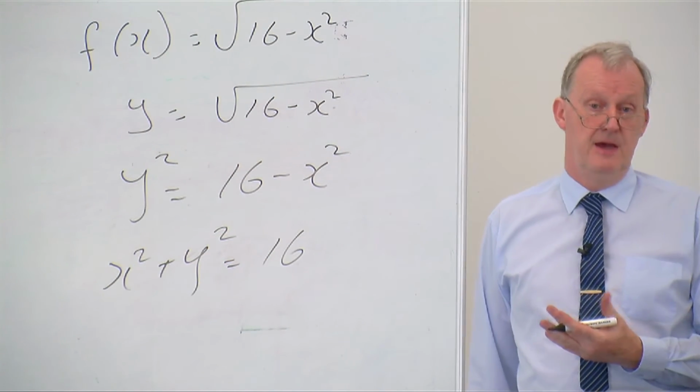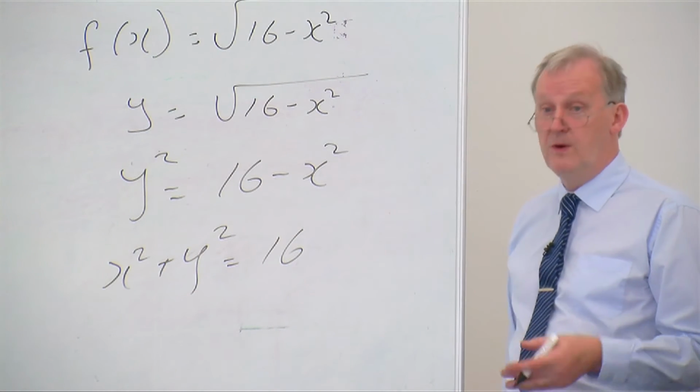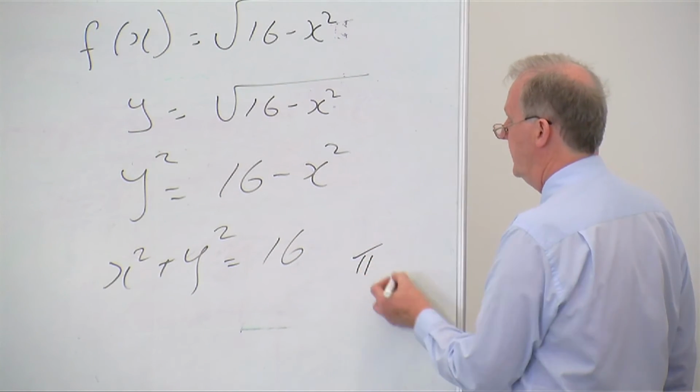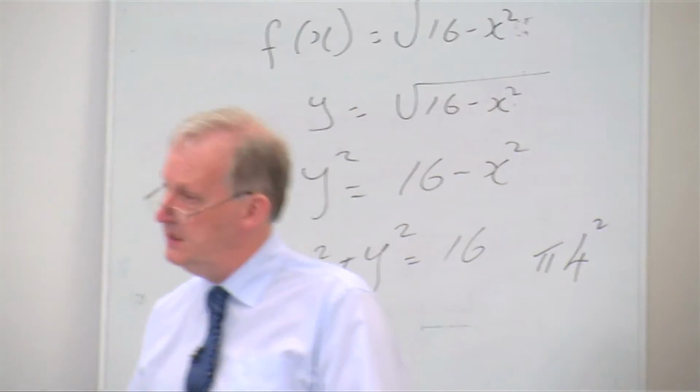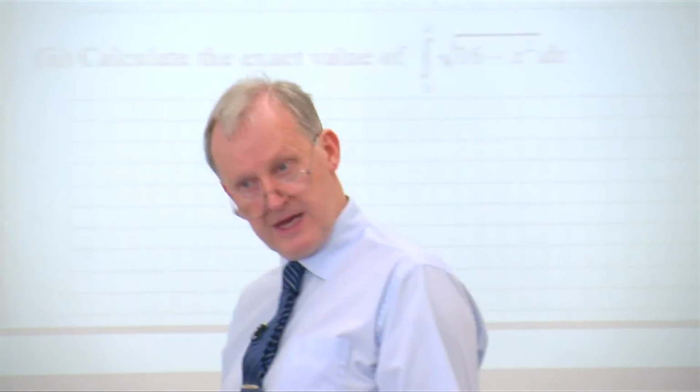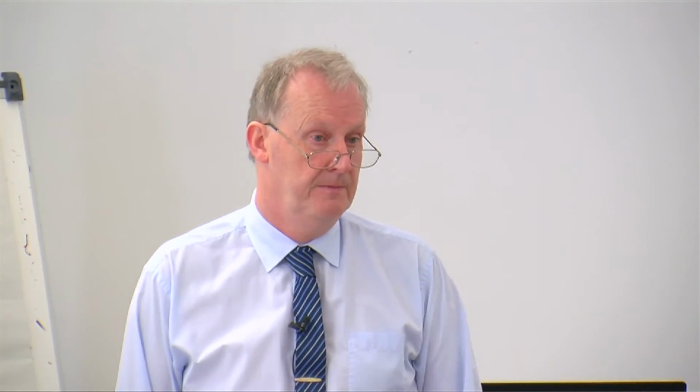What's that? Equation of a circle, centre, radius, what's the area? Pi r squared. Why were you doing a sine substitution, changing limits, and still having something awkward when that's what you could have been doing?